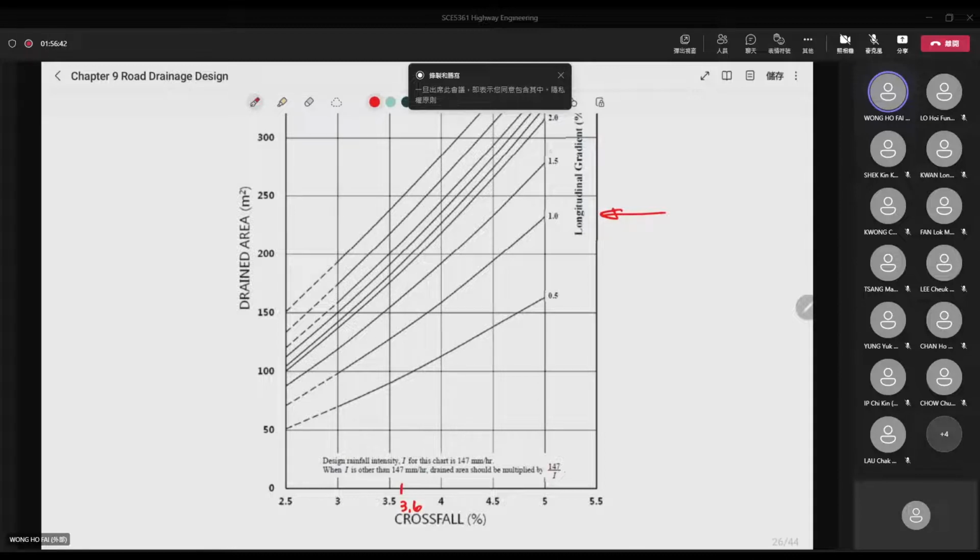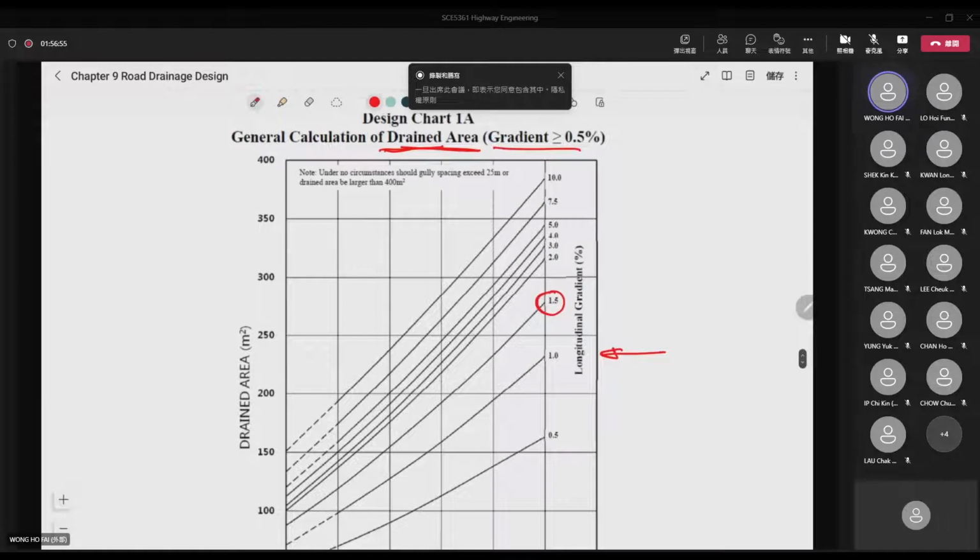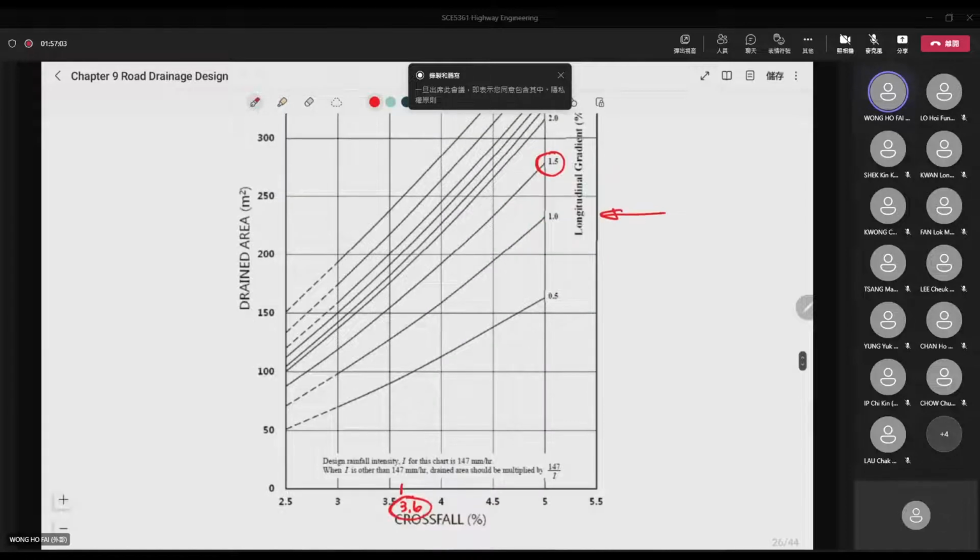Okay, 1.5. Then we are using this one, right? So we are considering 3.6 here, and then 1.5 is the longitudinal gradient. Now we do it together, okay? Take a look at the design chart 1A, and then the general calculation for the drained area. So we will use this graph, this line. We consider this one, okay? Do you agree?